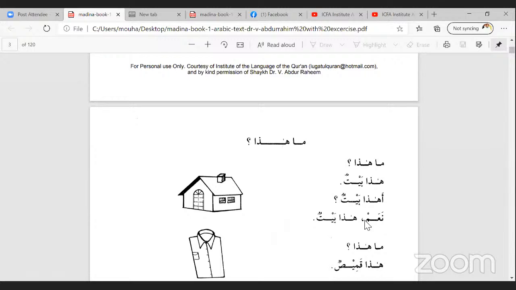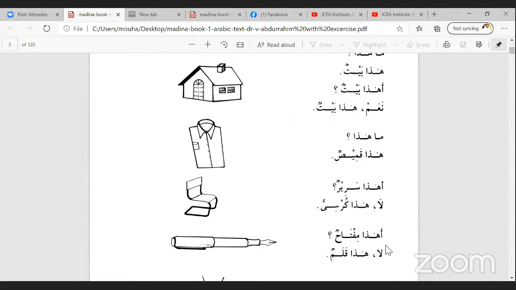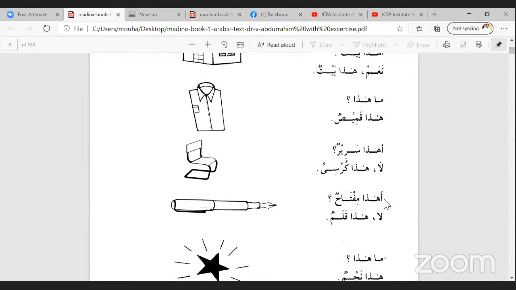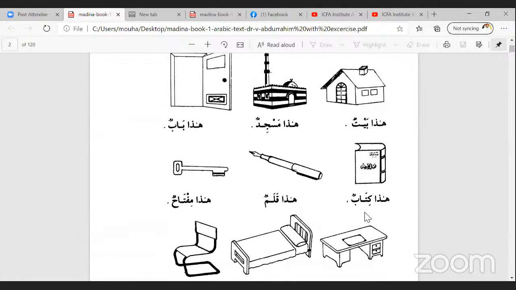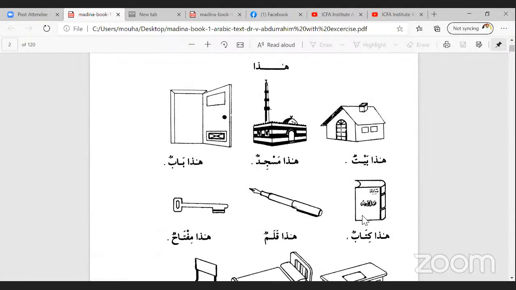Then another new word we learned is how to say yes in Arabic. Na'am. And how to say no in Arabic. La. You also learned how to say a house in Arabic.